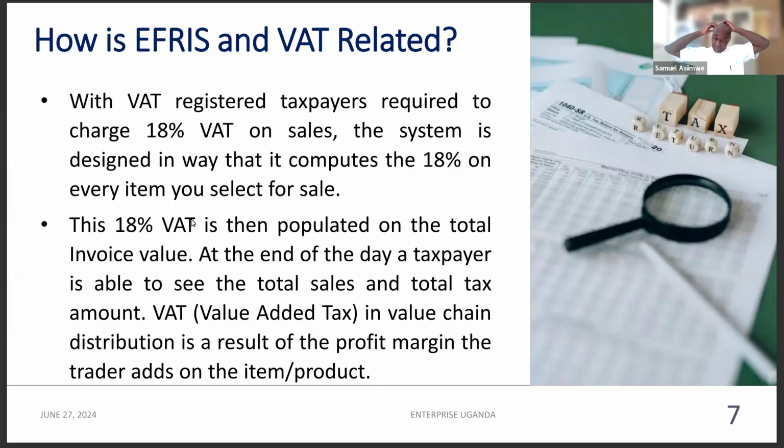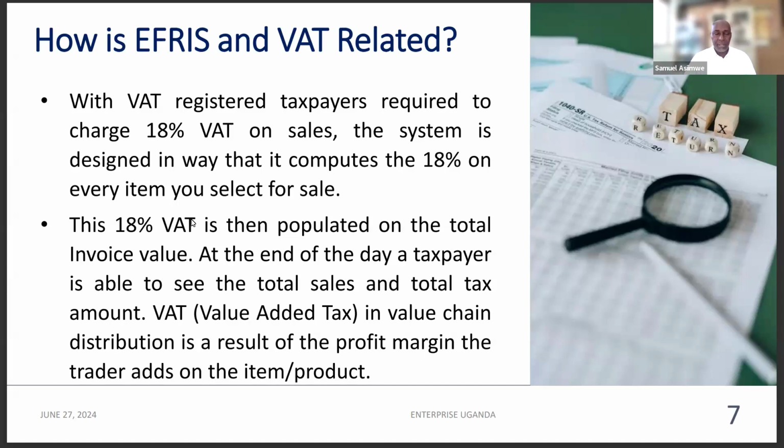Basically, this VAT starts from when you have a product, when you want to put a product on the market. Say you are a manufacturer, the government requires you to add 18% on your product.